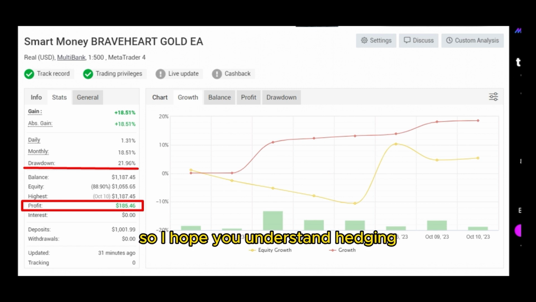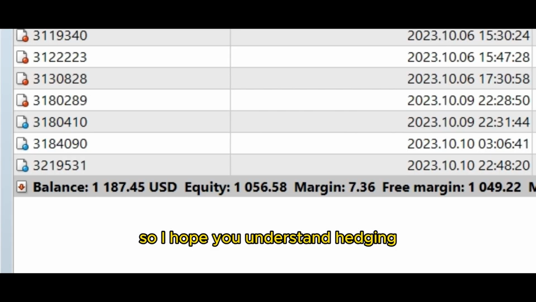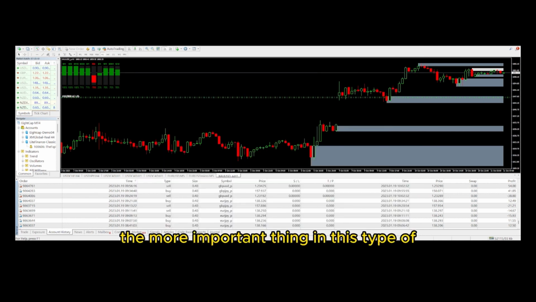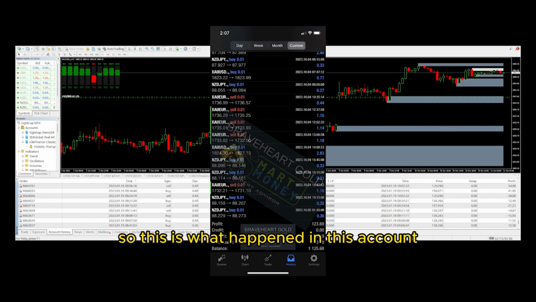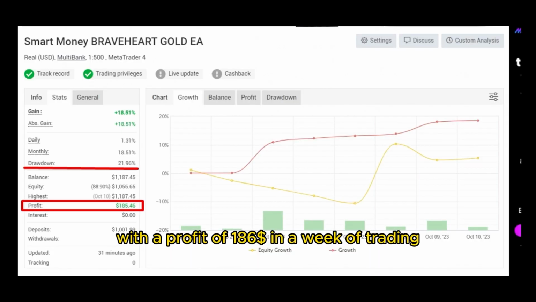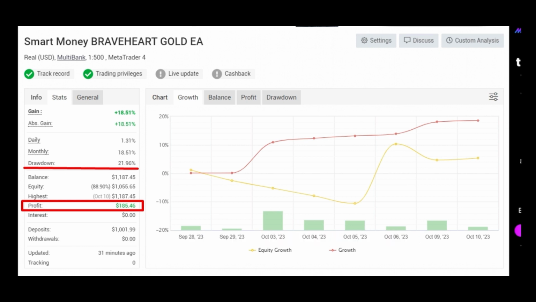This is an open trade, so I hope you understand hedging, and you understand the drawdown. The more important thing in this type of trading strategy is the increase of the capital or the balance. So this is what happened in this account, with a profit of $186 in a week of trading.